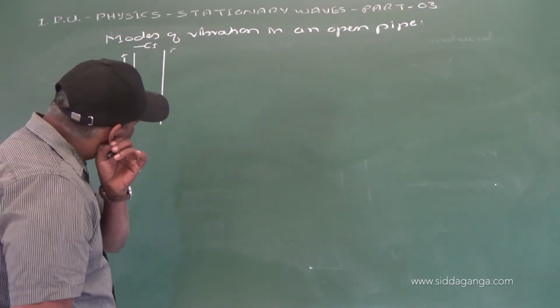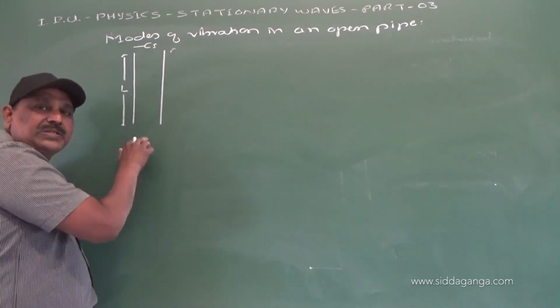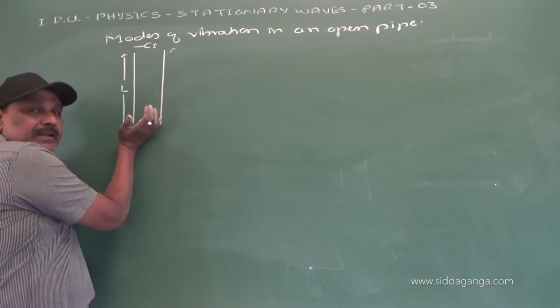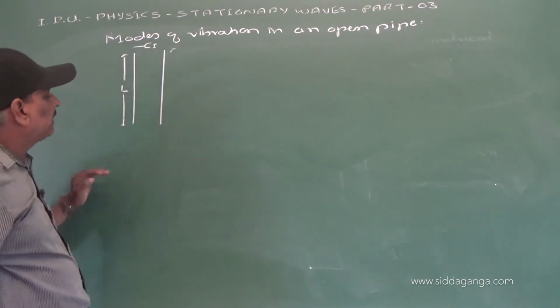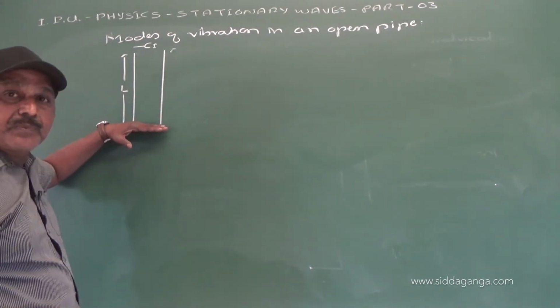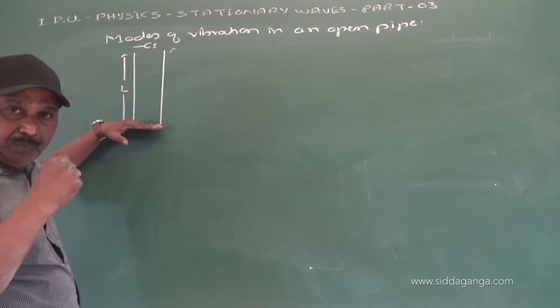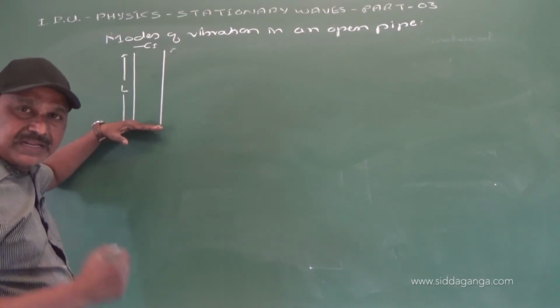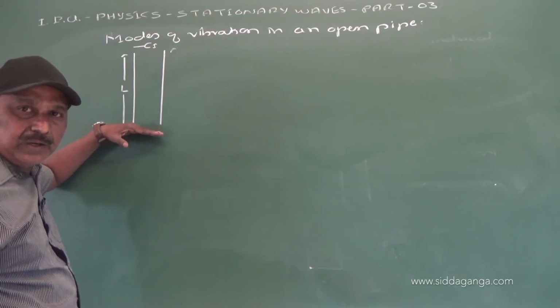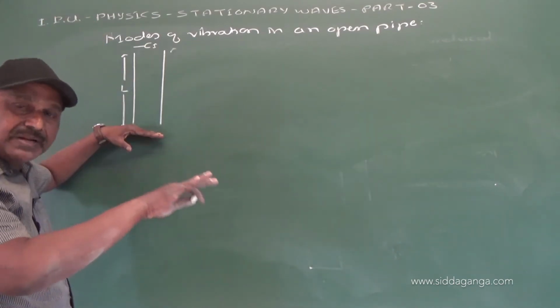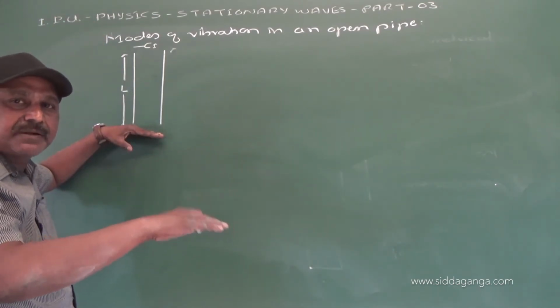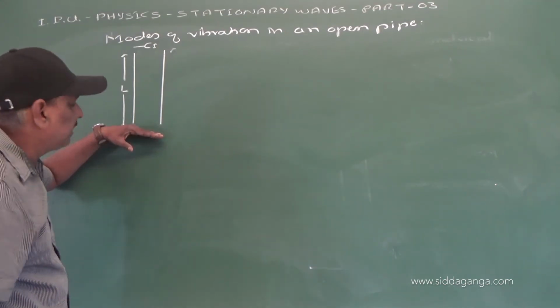One thing here, since there is no change in medium, due to pressure difference reflection takes place. If a compression is incident at the other end, it is reflected as a compression. There is no phase difference between incident wave and reflected wave.